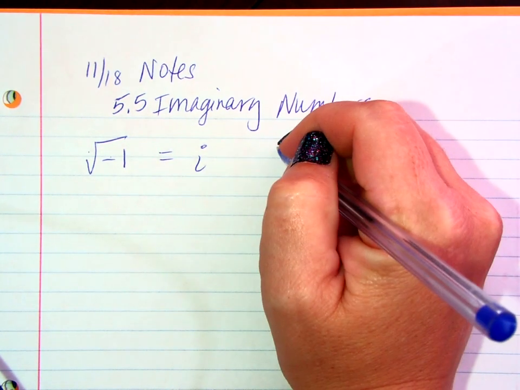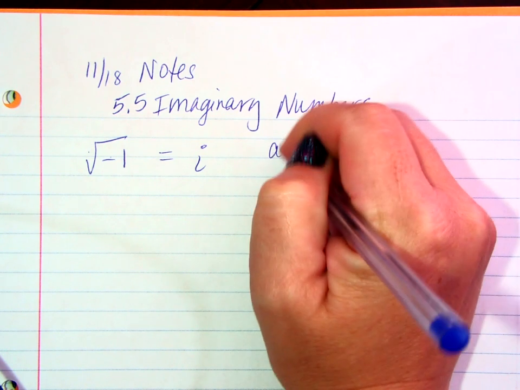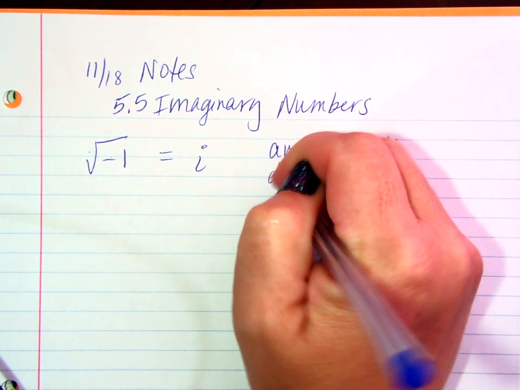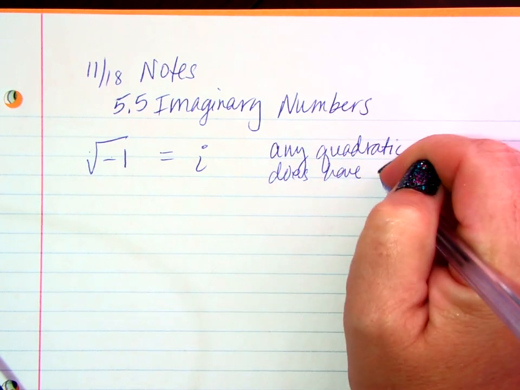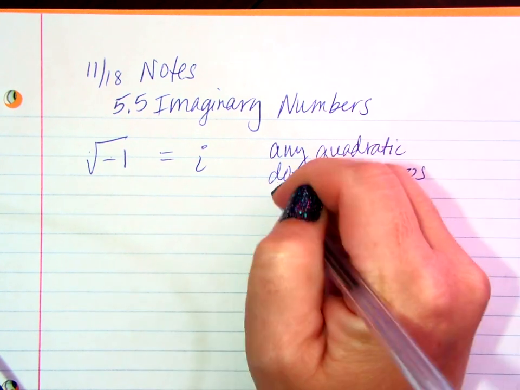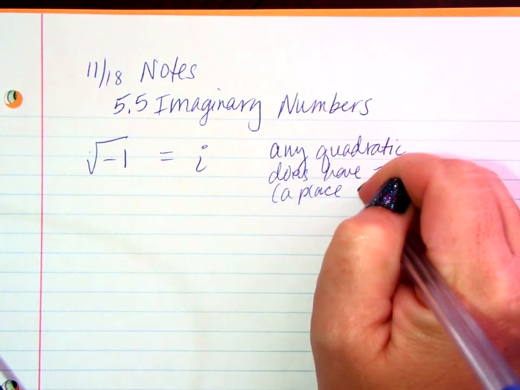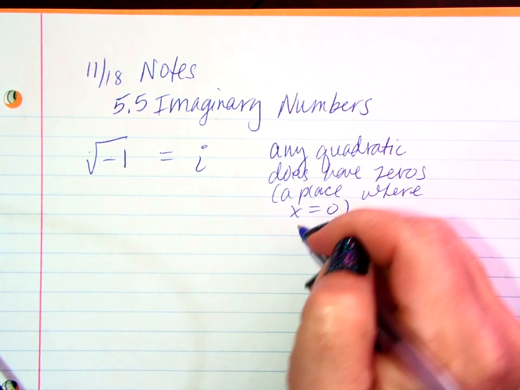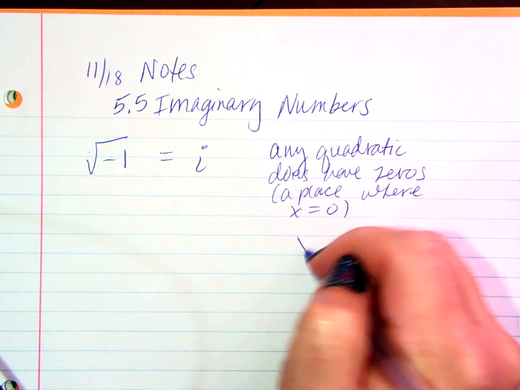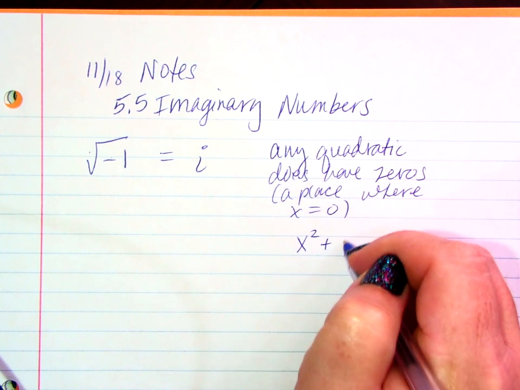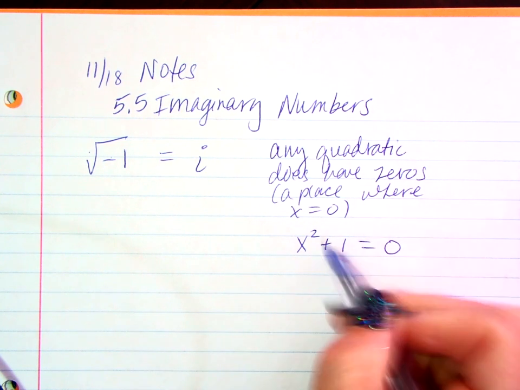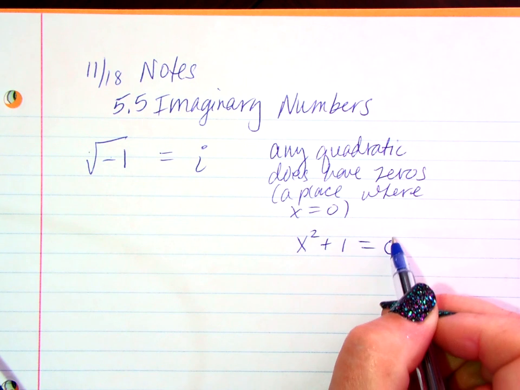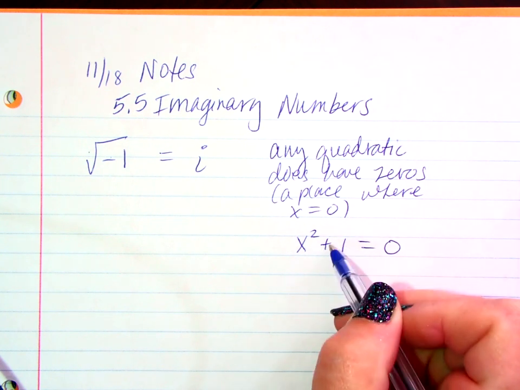For example, we can find any quadratic does have zeros or a place where x is equal to 0. So what I mean by that is, what if we were trying to solve x squared plus 1 equals 0? This is a quadratic, and any quadratic has some value of their zeros, meaning when y is equal to 0, and I want to solve this one.